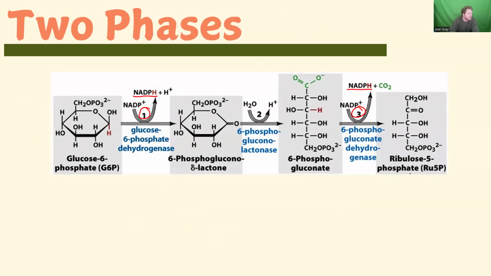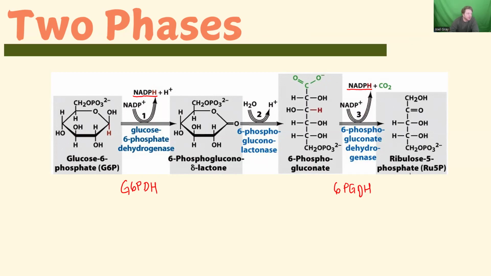This is also known as G6PDH. Our other step is 6-phosphogluconate dehydrogenase, 6-PGDH. The significance and the importance of these steps is that they both produce NADPH. So steps 1 and 3.